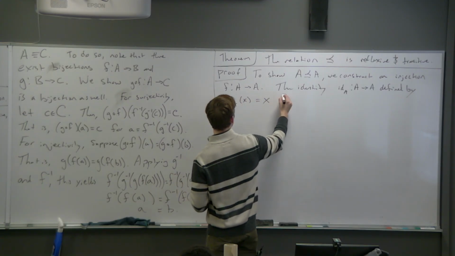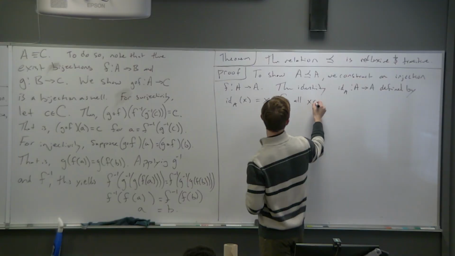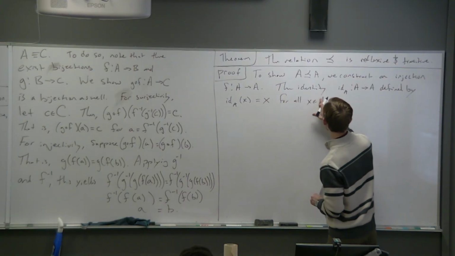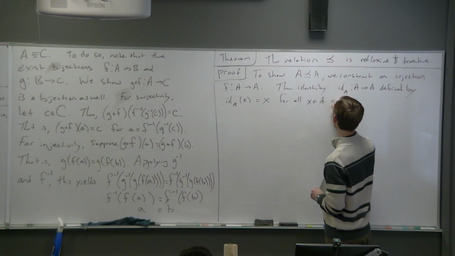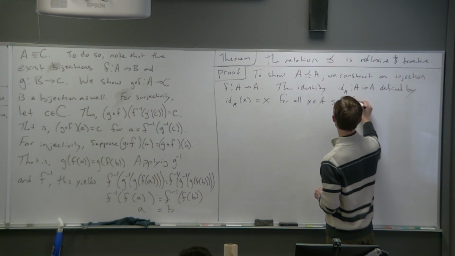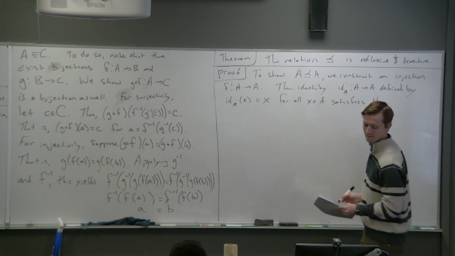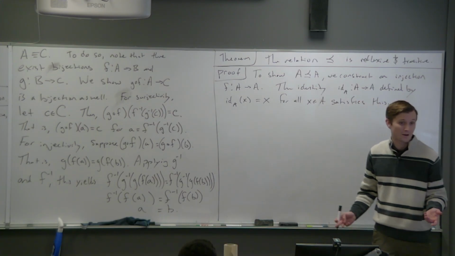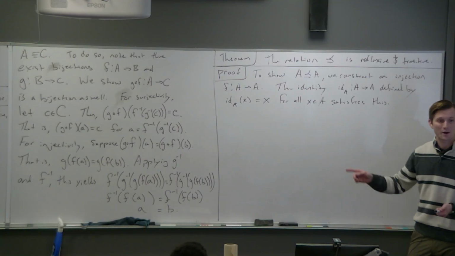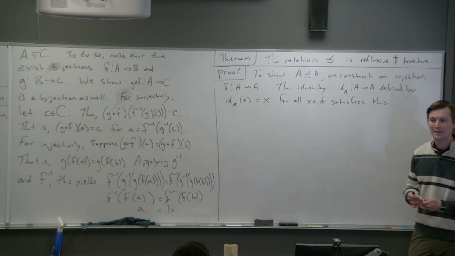ID A of x is x for all x in A. Satisfies this. That is sufficient, right? If you bought that it was a bijection before, then I hope you buy that it's an injection. Yeah? Cool.